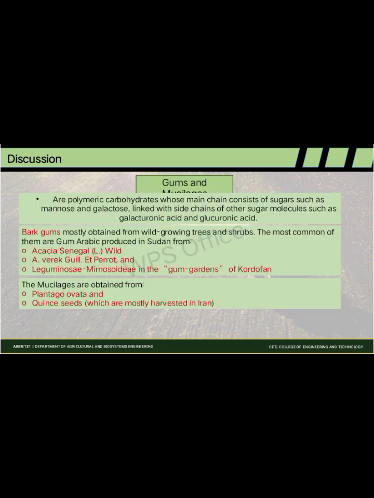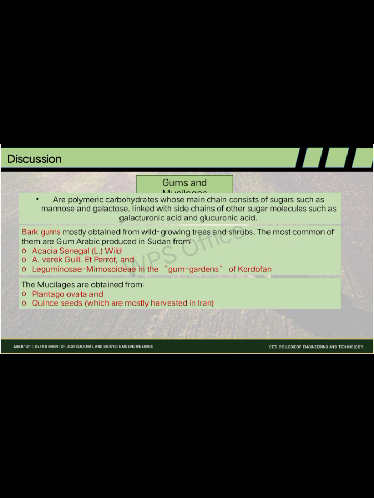Next, gums and mucilages. Gums and mucilages are polymeric carbohydrates whose main chain consists of sugars such as mannose and galactose, linked with side chains of other sugar molecules such as galacturonic acid and glucuronic acid.